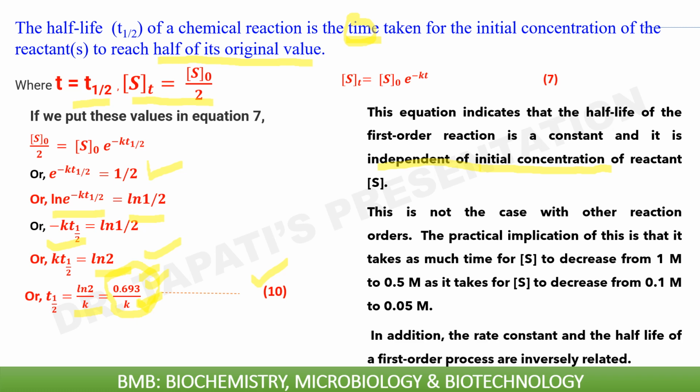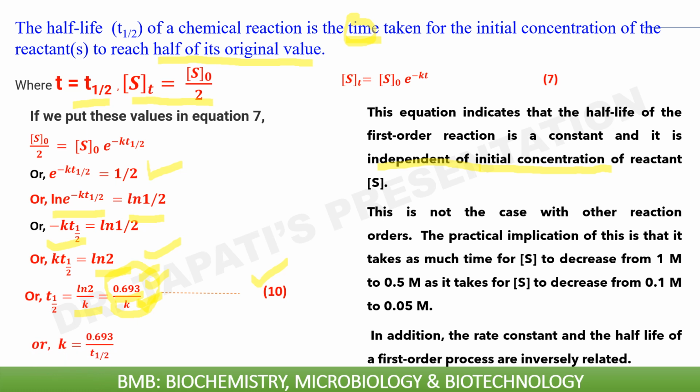In addition, the rate constant and the half-life of the first order process are inversely related, as the k value is below this division number. T half is proportional to 1 by k, or inversely proportional to k.